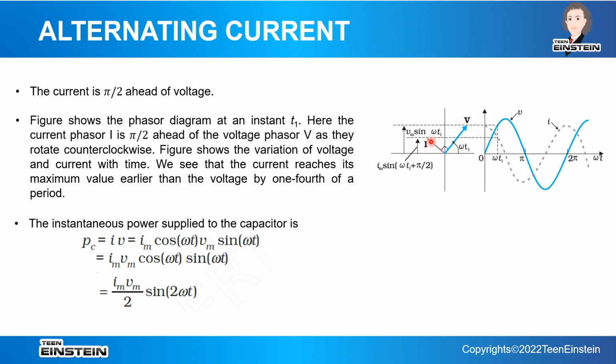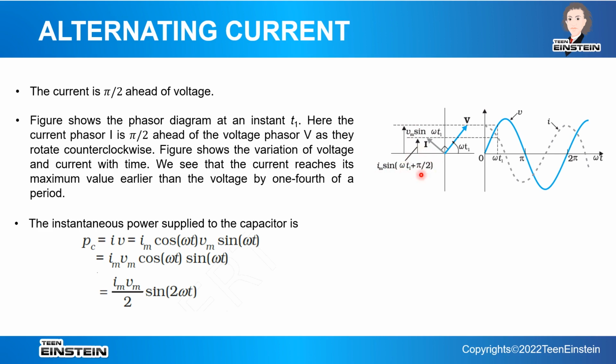This vector represents I, this vector represents V, the voltage, and V equal to Vm sine omega t, Vm being the amplitude of the applied voltage. Similarly, Im being the amplitude of the current, I equal to Im sine omega t plus pi by 2.